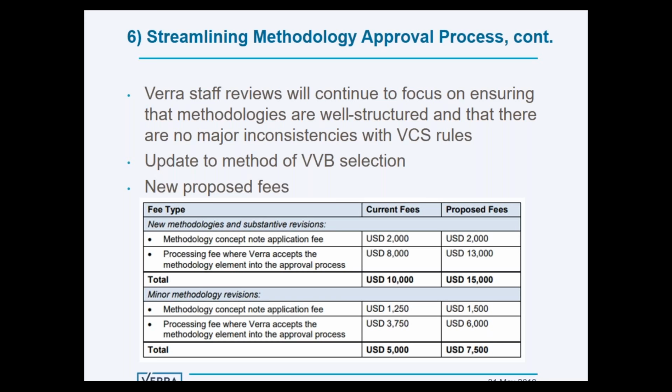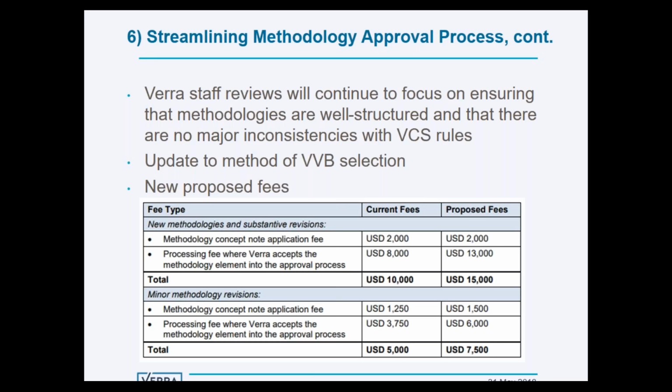We'll continue to ensure primarily that methodologies are well structured, but also that there are no major inconsistencies with the VCS rules. And we would envision addressing those issues during each of our reviews throughout the process. The other important thing to highlight with this proposal is that we're proposing an update to the method for VVB selection.